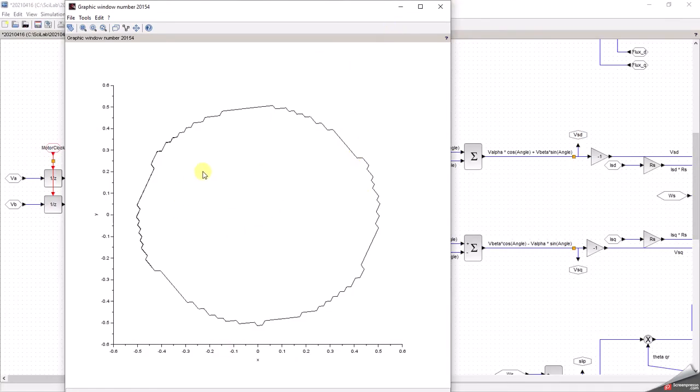This is the flux on the motor represented in this sort of stationary coordinate system over here. This is the litmus test of this DTC thing. You can see it's circular in appearance. So essentially this is the flux going around the stator like that.